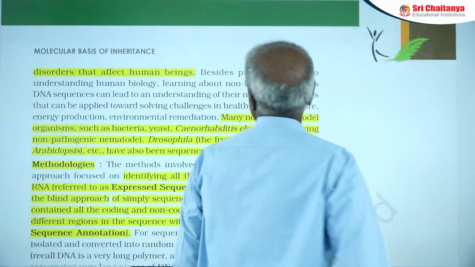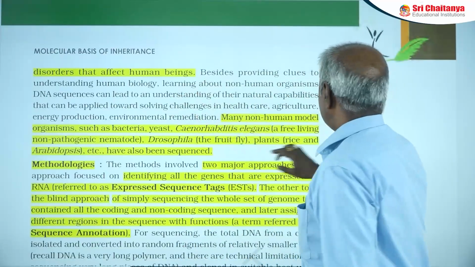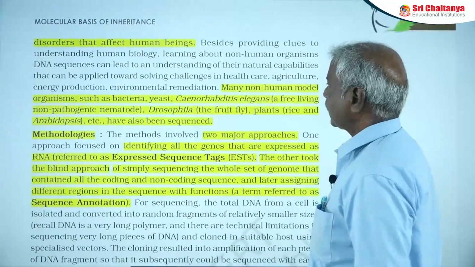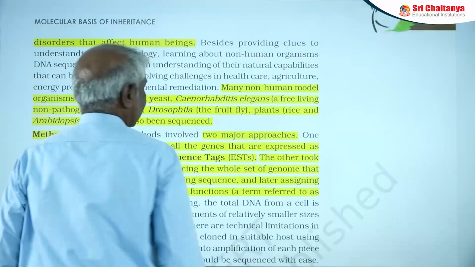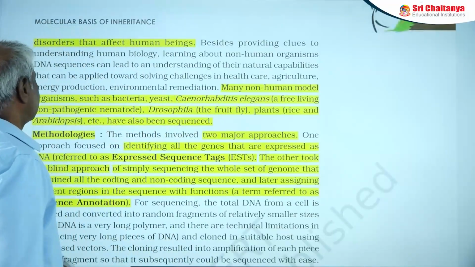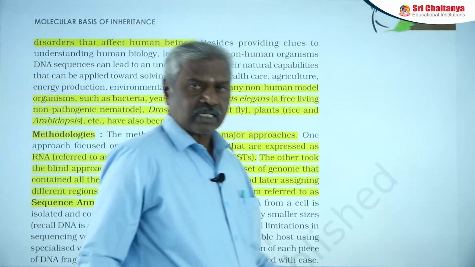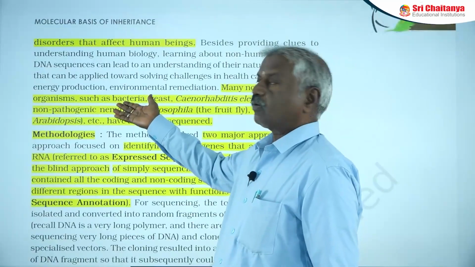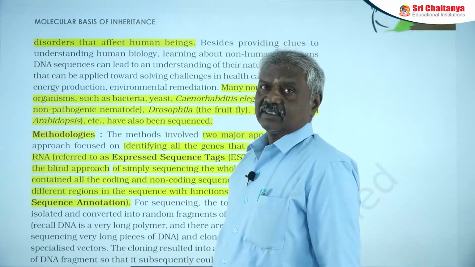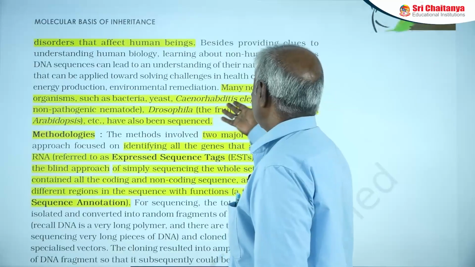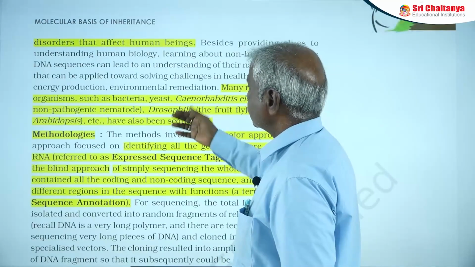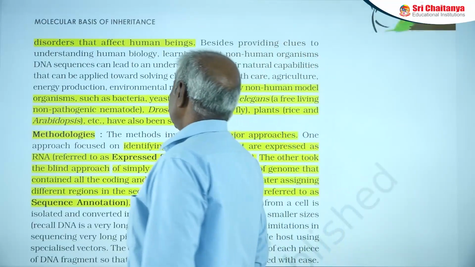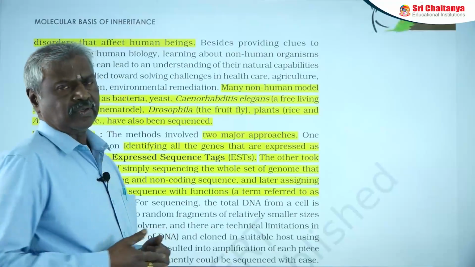Now mark these discoveries. Here, in addition to the human genome, some other non-human model organisms are also sequenced, like bacteria, Escherichia coli, yeast cells, then Caenorhabditis elegans, Drosophila, etc. Here bacteria means Escherichia coli, you know it well.